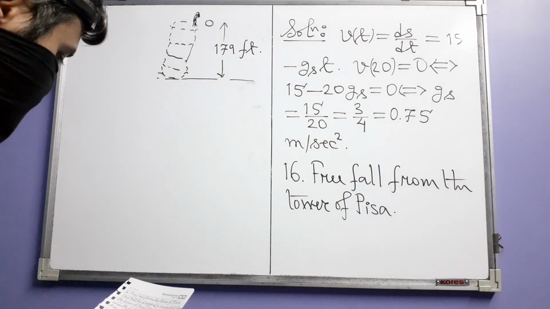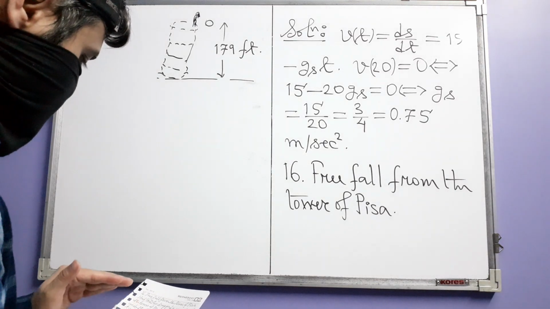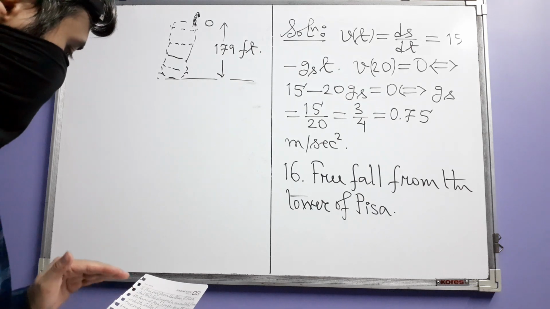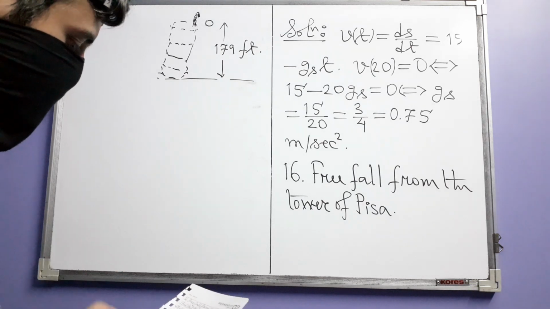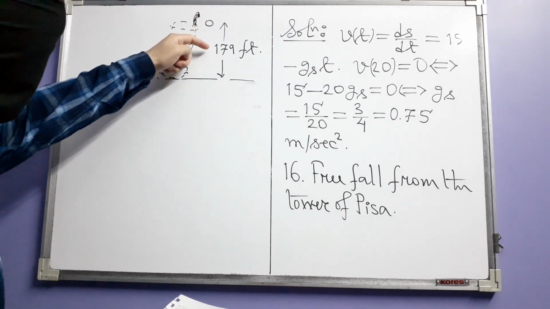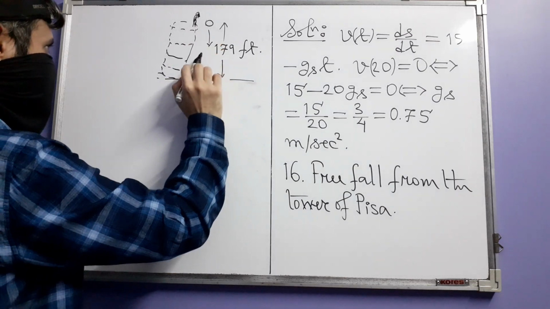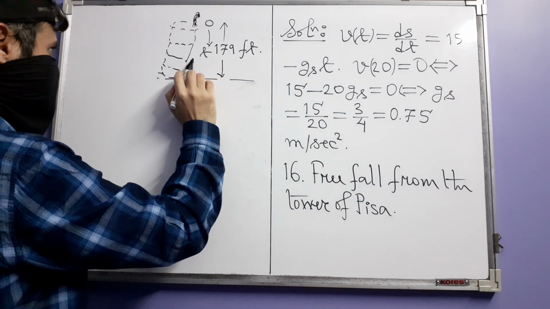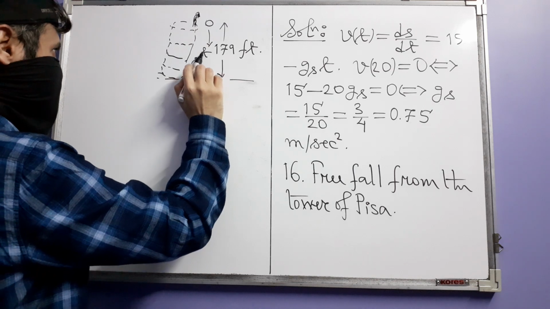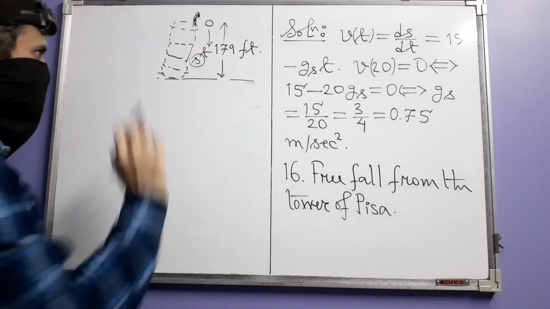The ball's height above ground t seconds into the fall. So the cannonball is falling, and say after t seconds it reaches a height of s.